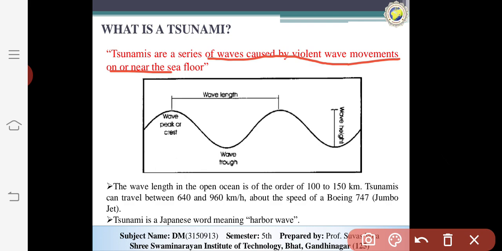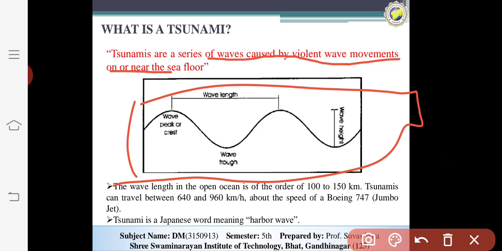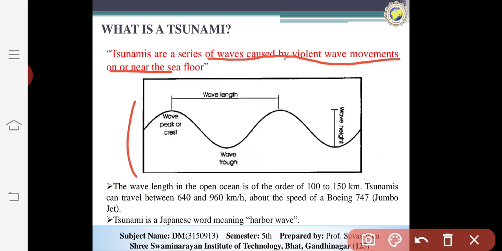It means we can say that the tsunami is a generated wave with extremely long wavelength. You can see in the figure the extremely long wavelength and the wave period. The wave period means the interval. So this is called the tsunami.